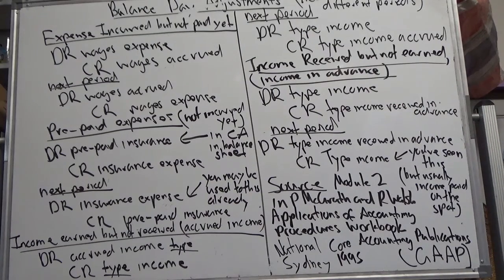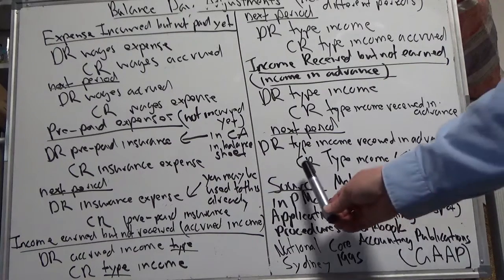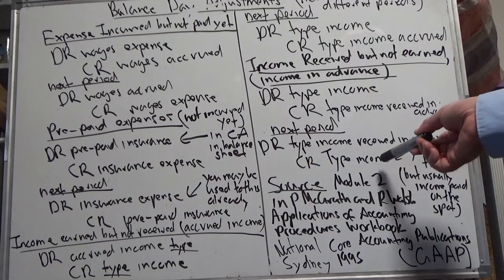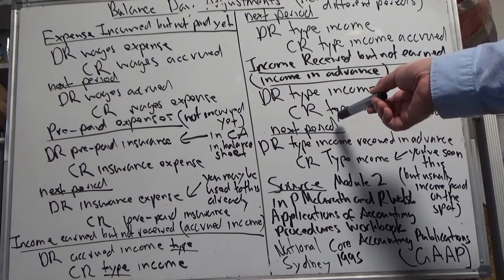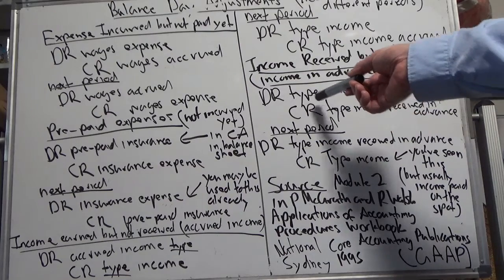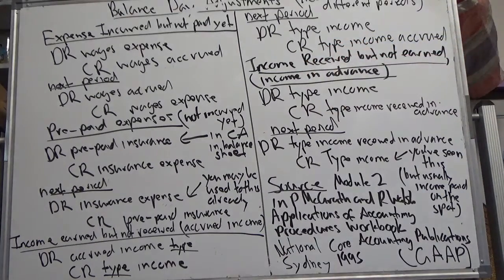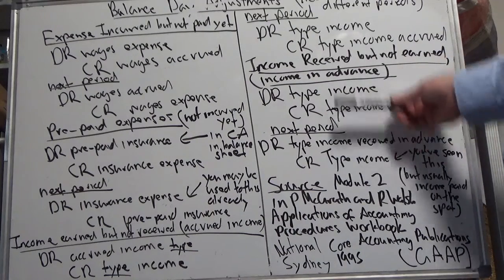That's period 1. In the next period, you debit the type of income received in advance and you credit the type of income. And you've seen this before on P&L, credit type of income. That's the one you're used to. The other one you're not used to because usually expenses are a debit item on the P&L, but this is confusing because you're working in 2 periods. There's an accrual, okay?